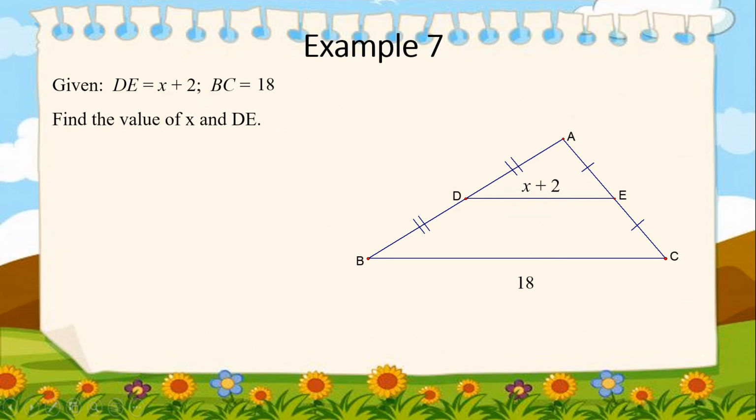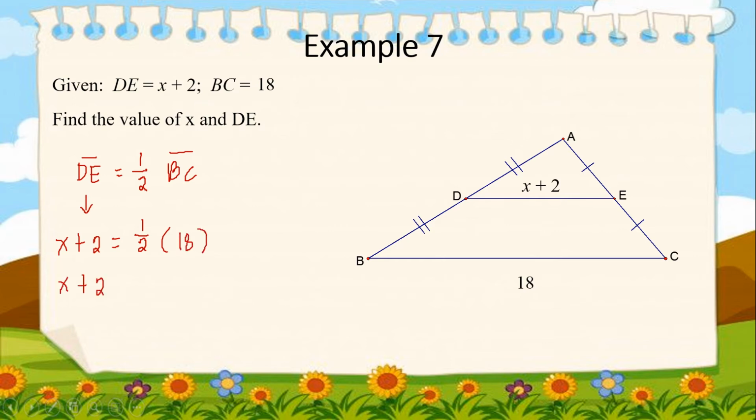So having the segment DE, which is equal to x plus 2, we know that DE is half the length of side BC. So we have x plus 2 is equal to 1/2 of BC, and BC is equal to 18.